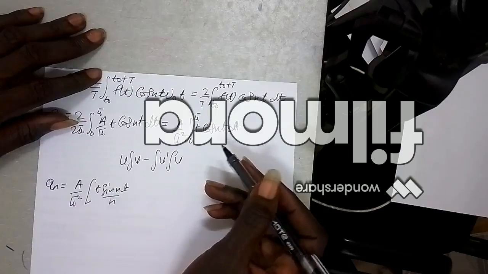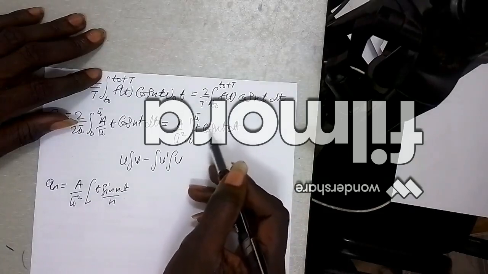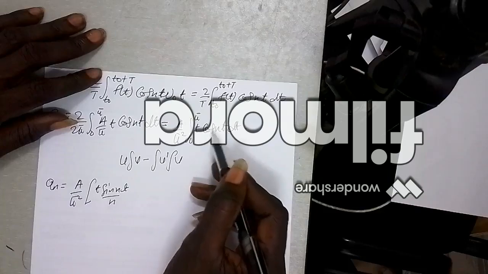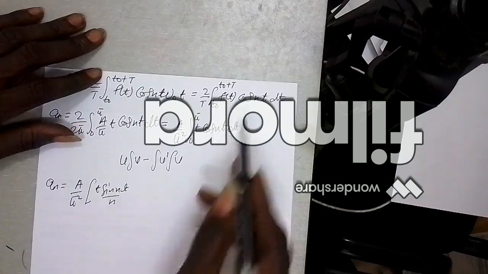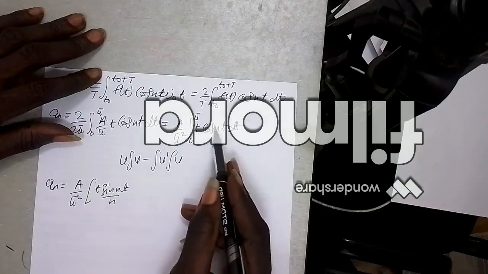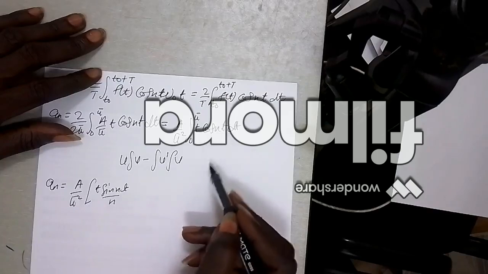So first, what we will do is that we will integrate this sine, we will integrate this cos, and we will differentiate t. If you differentiate t, you get 1. Then we will integrate this cos and you will get sine nt over n.